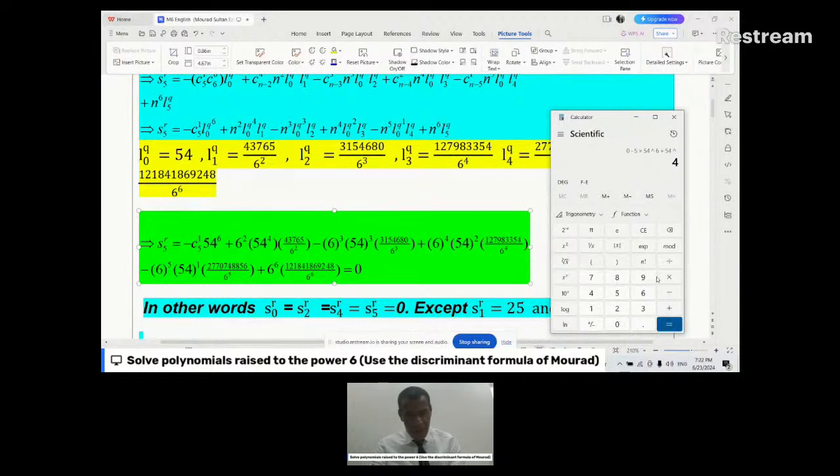Times 43,765 minus 54 cubed times 3,154,680.